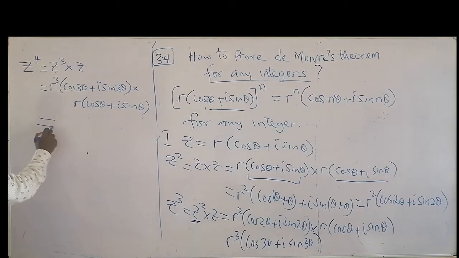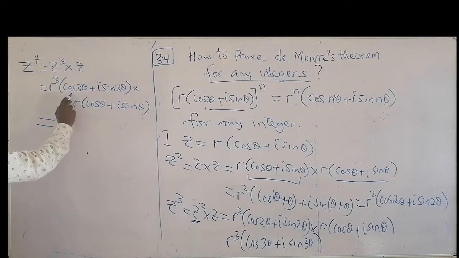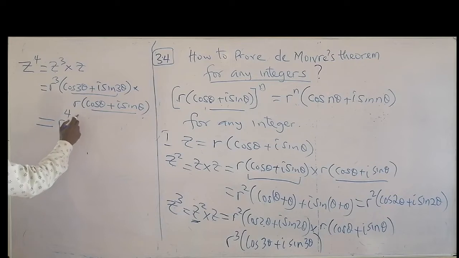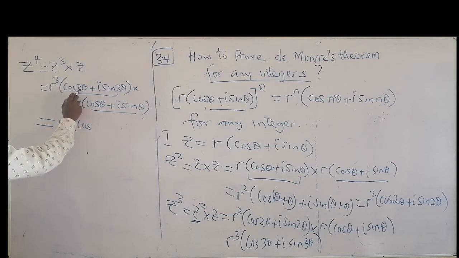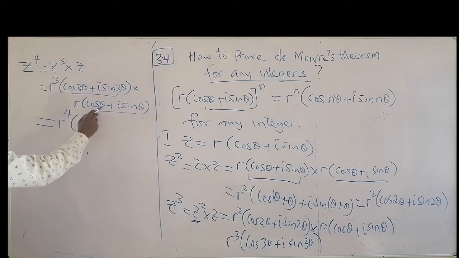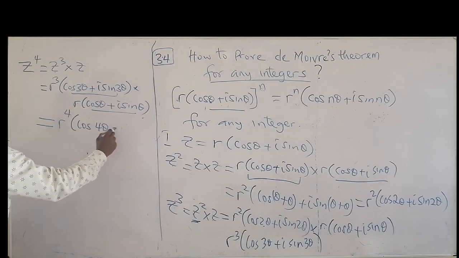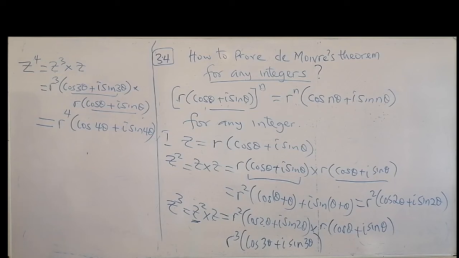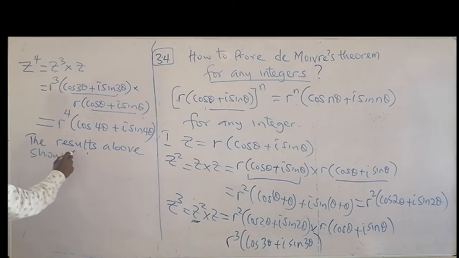If you do this, that will be this one times this one, and applying the rules of multiplication of two complex numbers, that will be cos of 3 theta plus theta, that's 4 theta, and then plus i sin 4 theta.